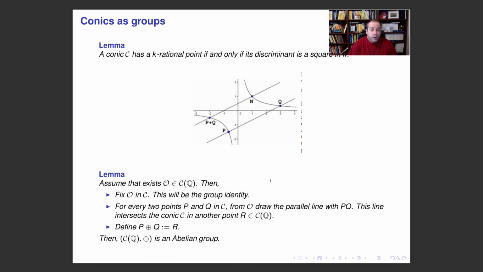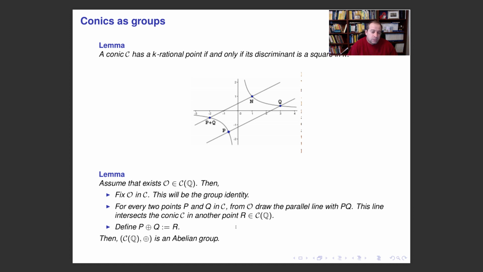And for any 2 points P and Q on the conic, I draw a line parallel to the identity and call this line PQ. This line will intersect the conic in another point, R, and this point R will be P plus Q. So this is an abelian group.